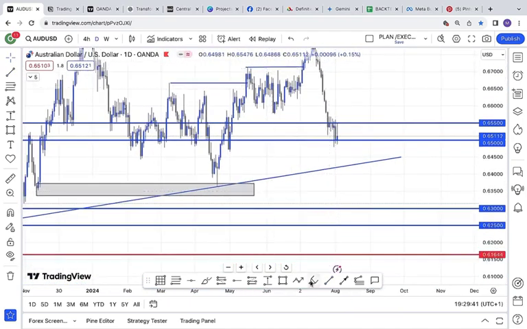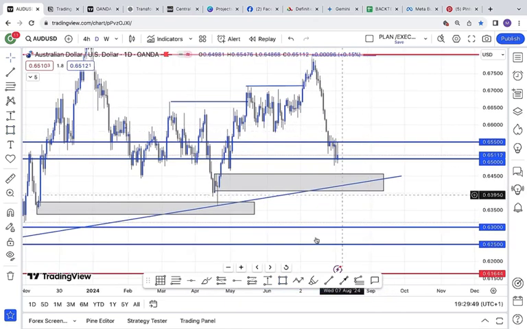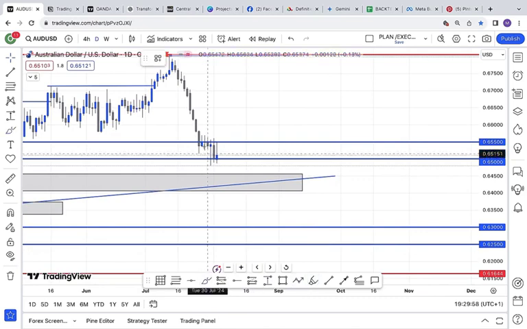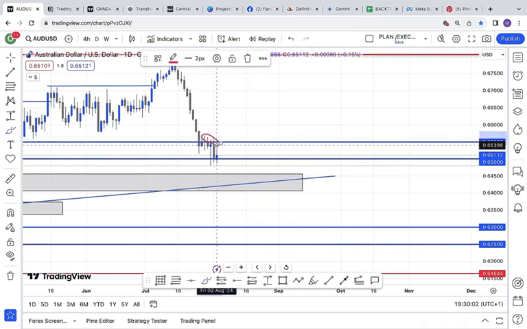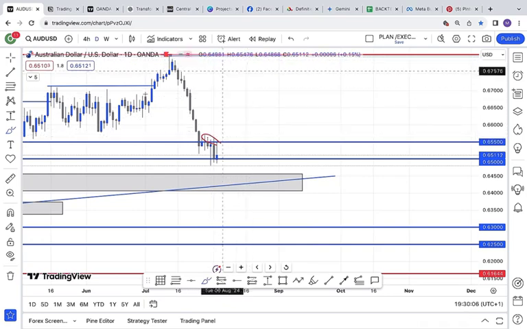Now what are we expecting price to do? We also have this demand resting below, and as you can see, price has been losing strength. All this week, you can see rejection here, so price has been losing strength from the daily time frame.